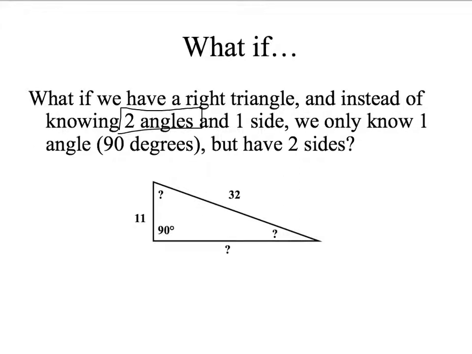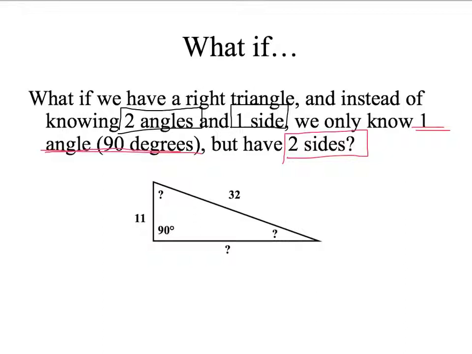Those angles were a 90-degree angle and then some other angle. And we were given one side. On today's problem, we only know the 90-degree angle. We only have one angle, but we have two sides.